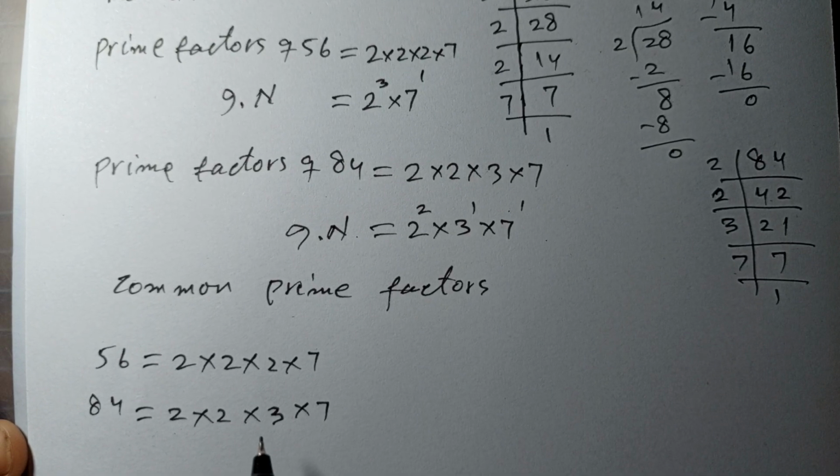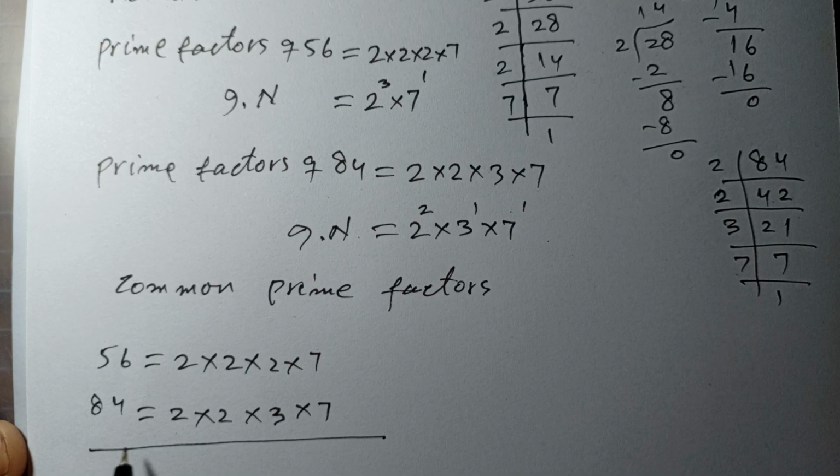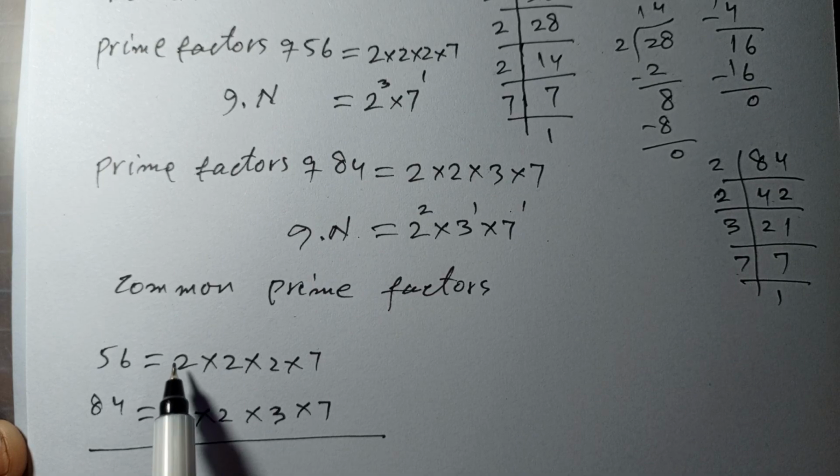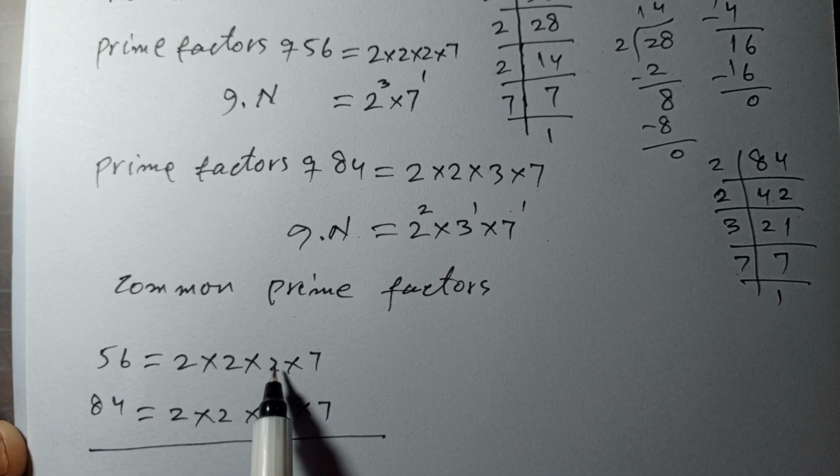Now you can find the common factors easily. You see here 2 is common, these two are also common, while 2 and 3 are not common. 7 is also common here.